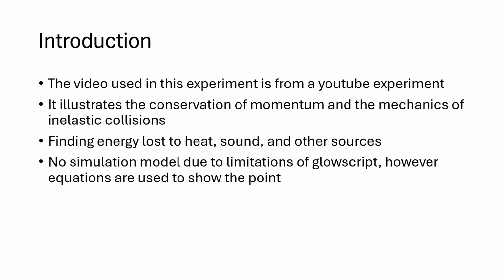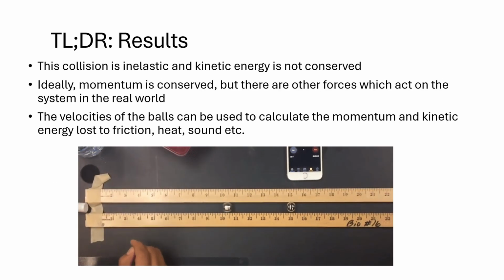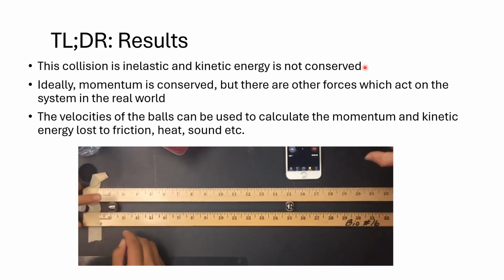And there's no simulation model due to GlowScript not being very well suited to this kind of thing. However, there are a lot of equations used to illustrate the point. The basic result is that the collision is inelastic, so kinetic energy is not conserved.